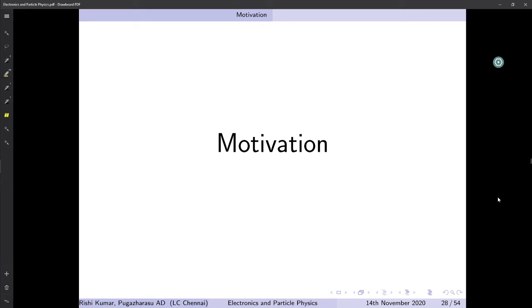And now that we have our context well set, we are ready to go through the electronics applications that play a very crucial role in this field.